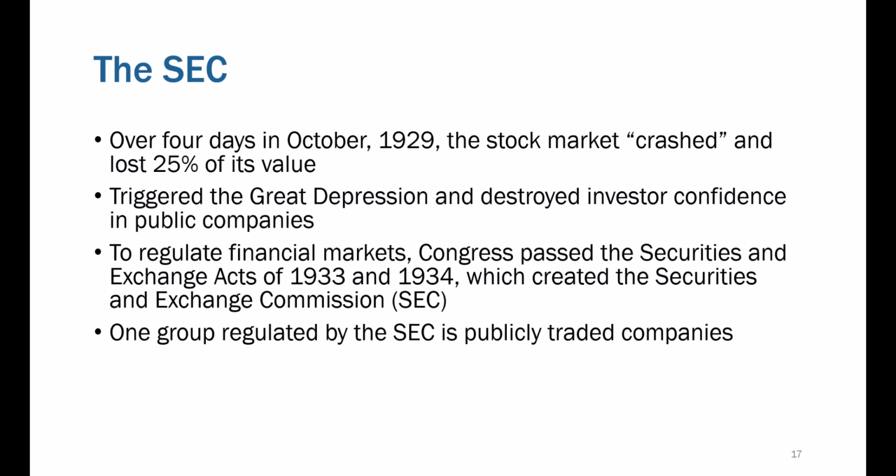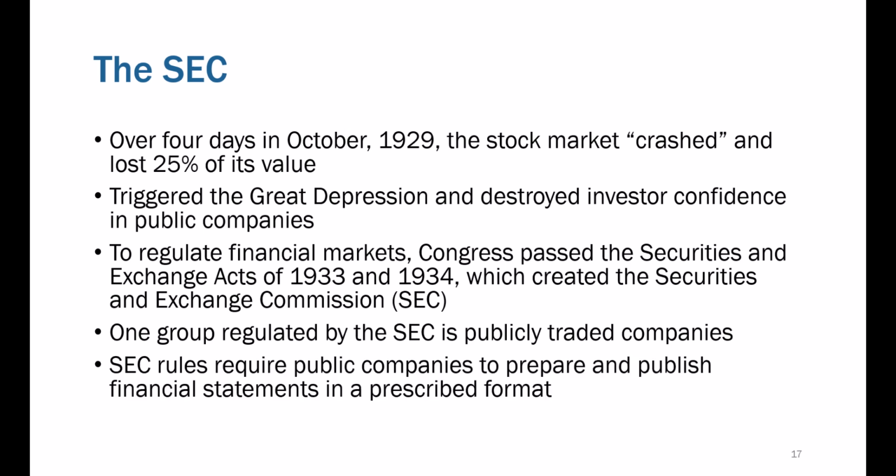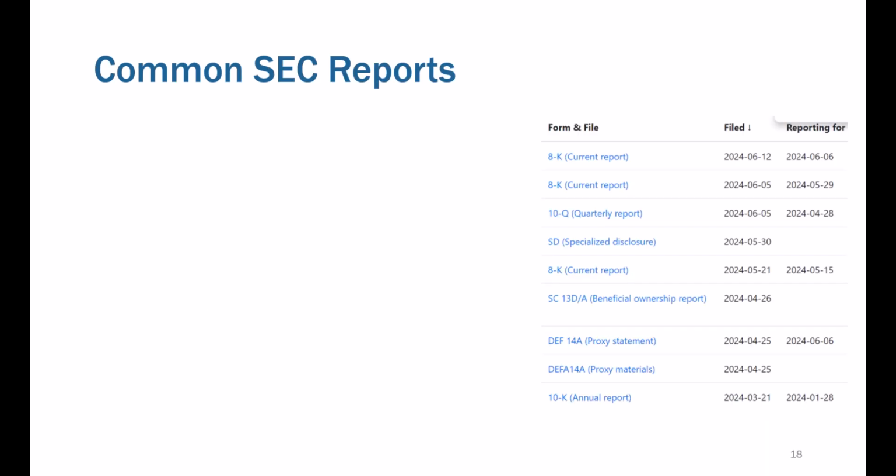All right, one group regulated by the SEC is publicly traded companies, and that's what we're focusing on here. And it's the SEC's rules that require these companies to prepare and publish financial statements. These are some common SEC reports, and these are reports that were actually filed by Lululemon here.